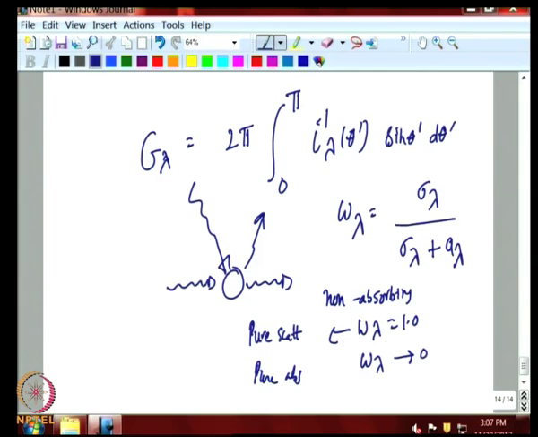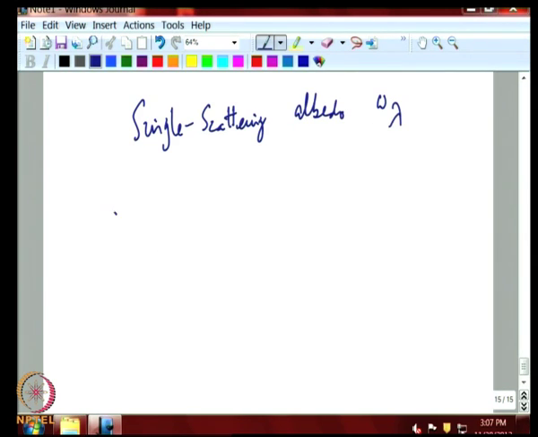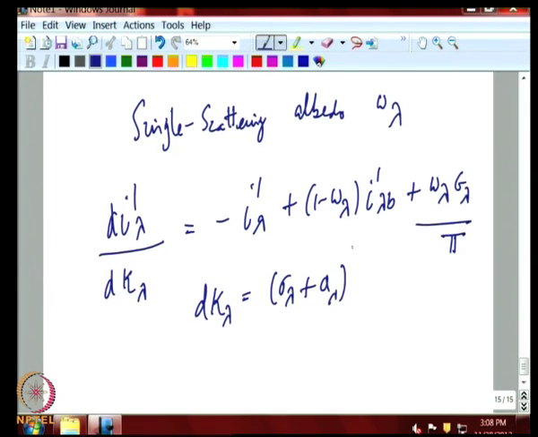Now, with the definition of this single scattering albedo, we can rewrite our equation for intensity, where kappa lambda is nothing but sigma lambda plus A lambda into ds.